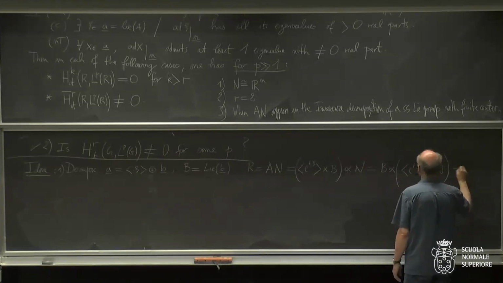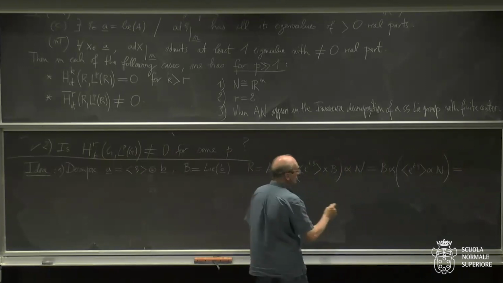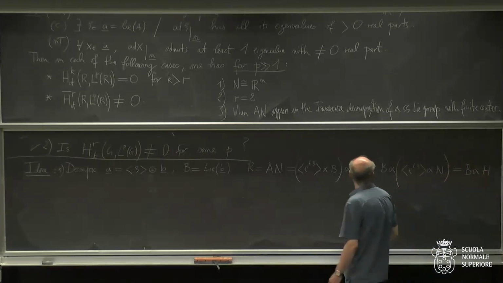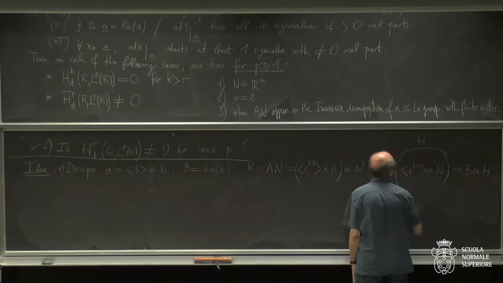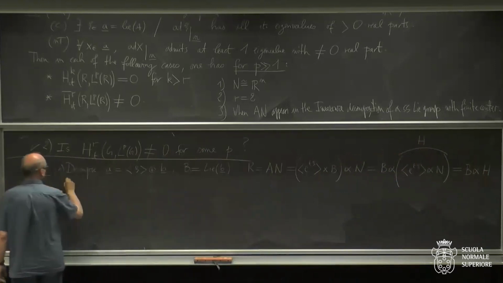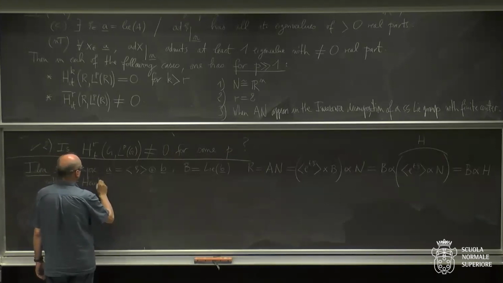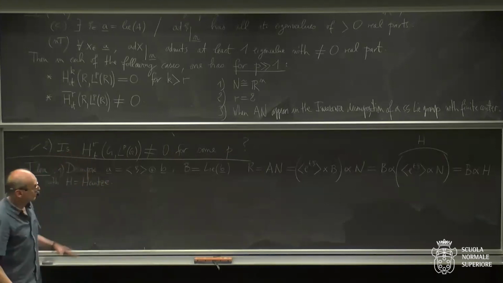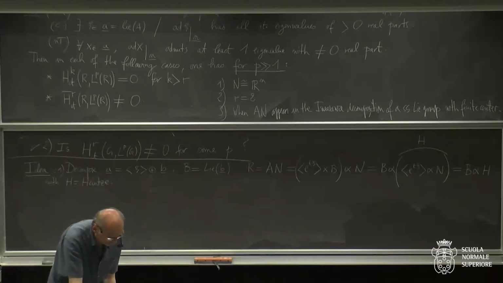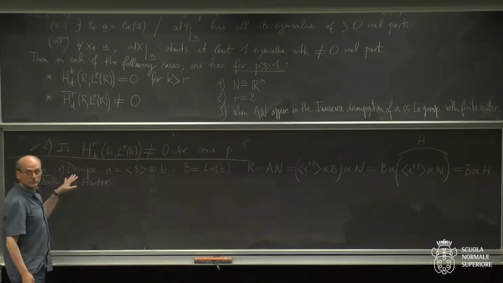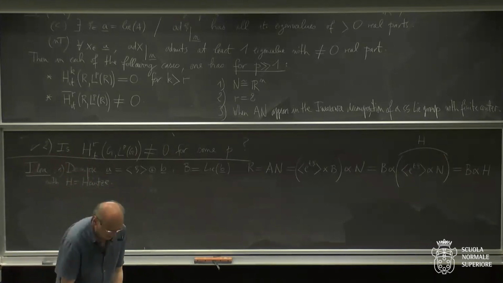And this is equal to B semi-direct product with H, where H is this part, and H is Heisenberg of negative curvature. And so you can expect to say something on the cohomology of R using what is known on the cohomology of H. And the cohomology of H has been studied by Pansu.